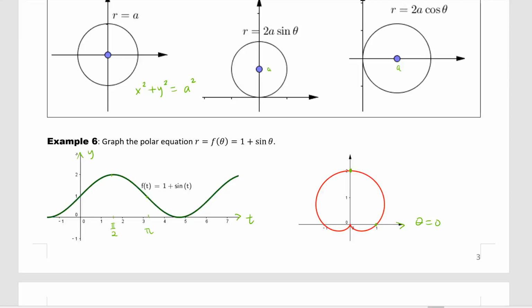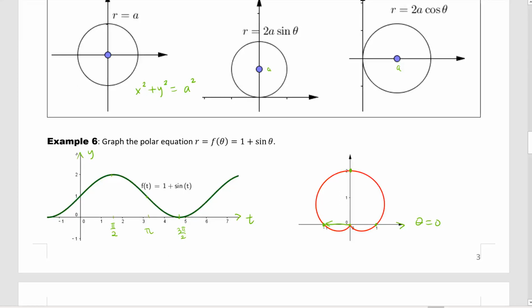So when theta is pi, we're at this direction and we go 1 unit, then this is the point. And when theta is, what's this point? 3 pi over 2, we get 0. So we're at this point. So you connect them smoothly, then you get this shape.